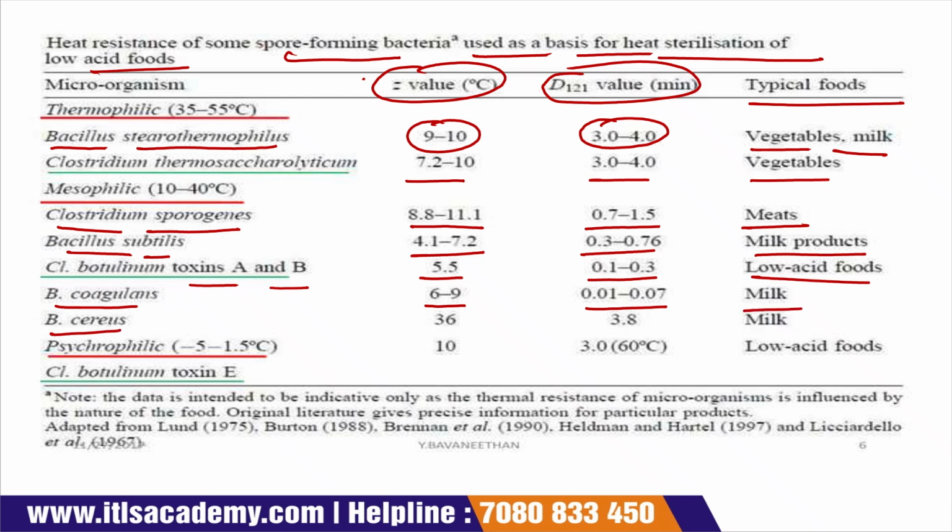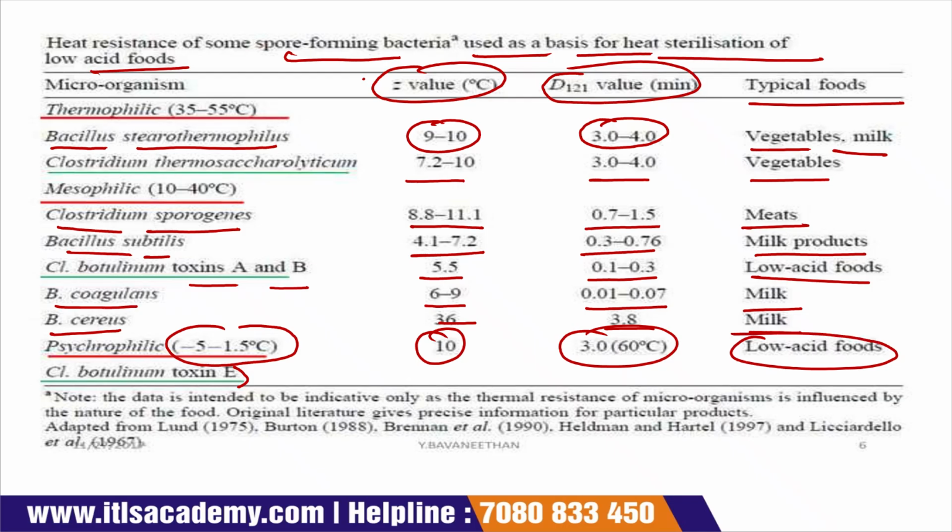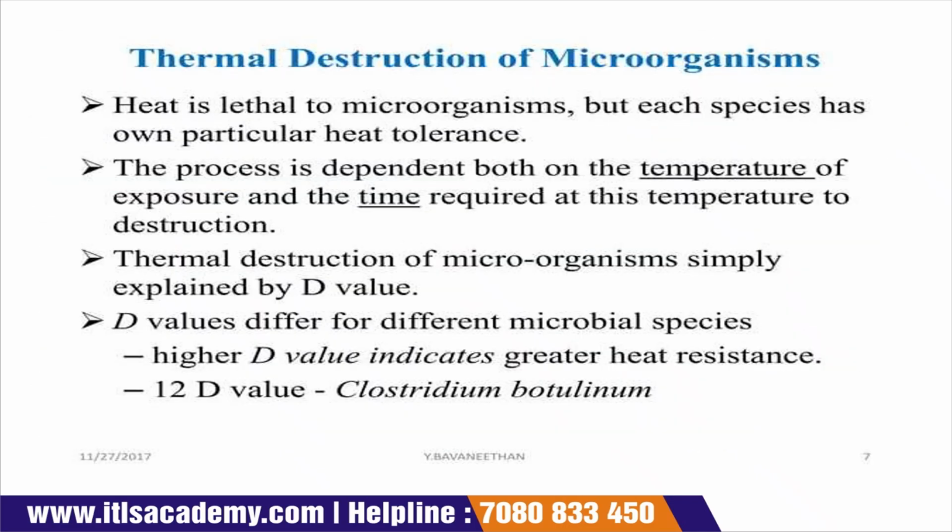Bacillus cereus: Z value 36, D121 is 3.8, and product is milk. Then the next category is psychrophilic, which can grow at a temperature range between minus 5 to 1.5 degrees Celsius. Clostridium botulinum toxin E: Z value 10, D121 is 3.0, 60 degrees Celsius, and food is low acidic food.